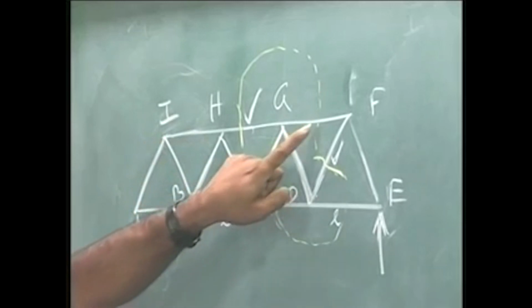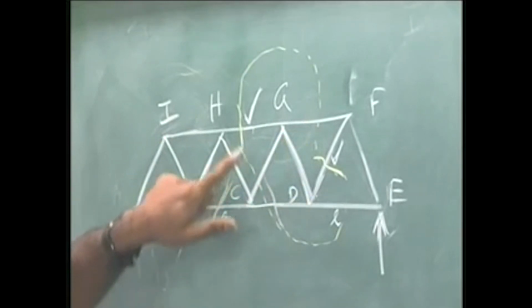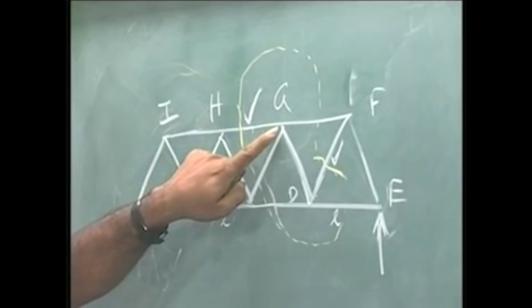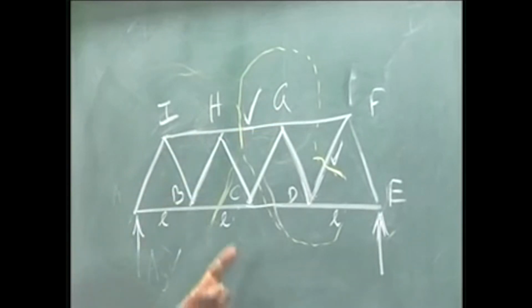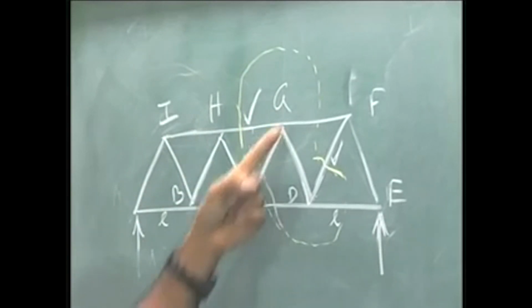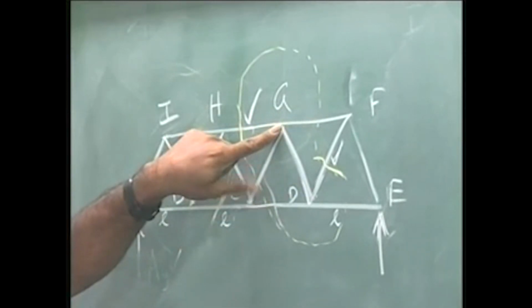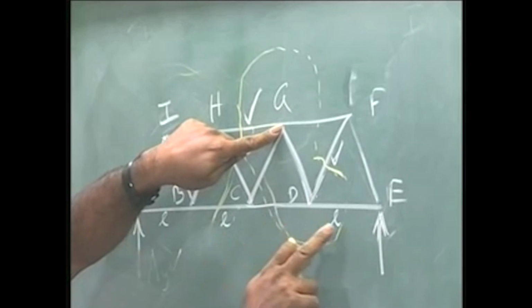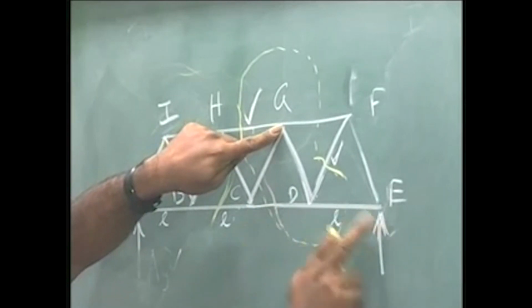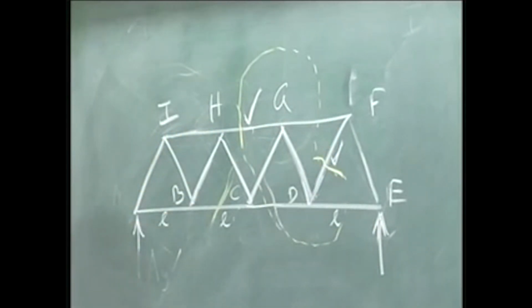If you notice, force FG, GH are coincident at this point, GC is also coincident, so 1, 2, 3 are coincident at this, but this force CD, DE and DF are not coincident, which means maybe there is no single sectioning I can do in order to solve this problem.